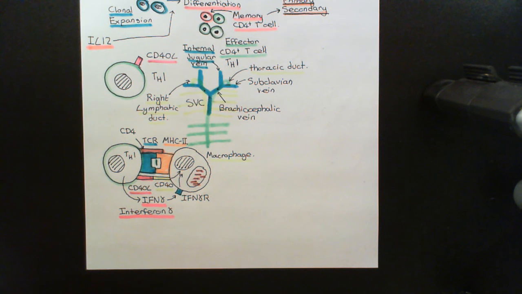So what I'm just going to have to do is describe what is going to happen and how this actually contributes to a latent tuberculosis infection. I'll also talk about what happens in immunosuppressed people, because all of what we've just been discussing about this adaptive immune response is only going to occur if you are immunocompetent, and we'll also discuss secondary tuberculosis in the next video. So we'll have a break here.